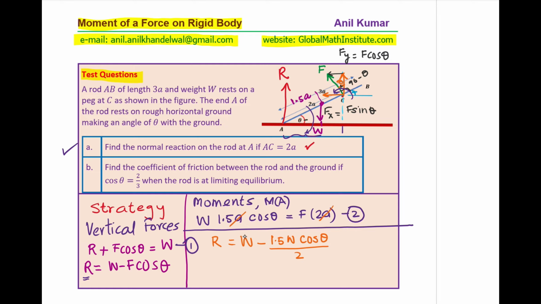Now the second part is, let's look into part B, which is to find the coefficient of friction between the rod and the ground if cos theta is given to us as 2 by 3 when the rod is at limiting equilibrium. So we're given cos theta equals 2 by 3 when the rod is at limiting equilibrium.